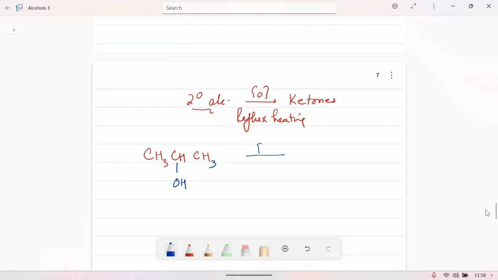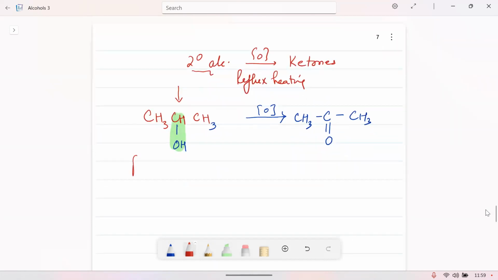Now, when I oxidize it, you just need to remember the carbon where the OH group is attached. Convert this into a ketone functional group. And then on both sides, whatever is there, copy and paste. So the only change that is taking place is here. The carbon that carries the OH group changes into this, and this becomes a ketone.